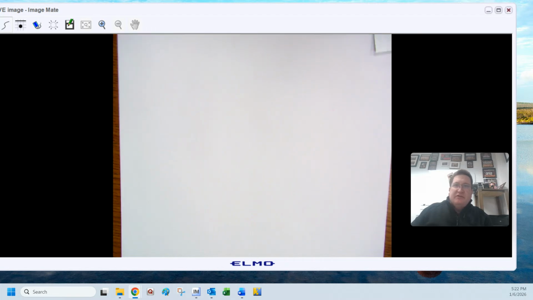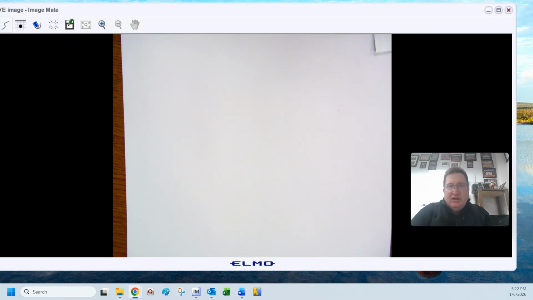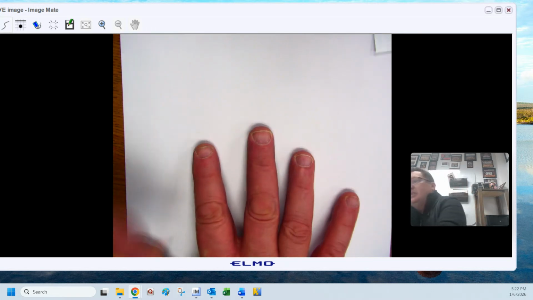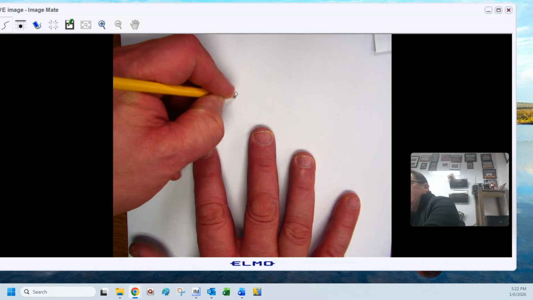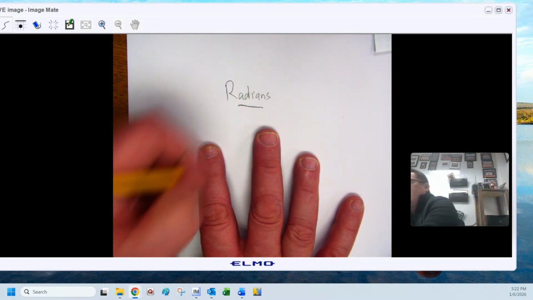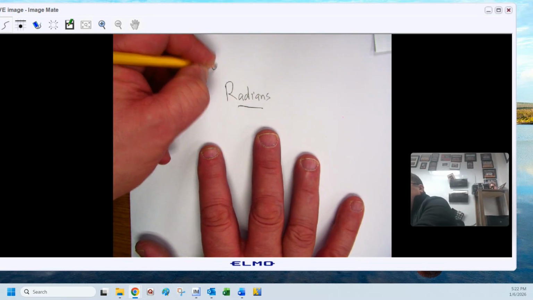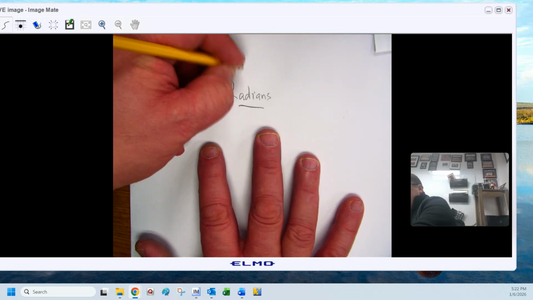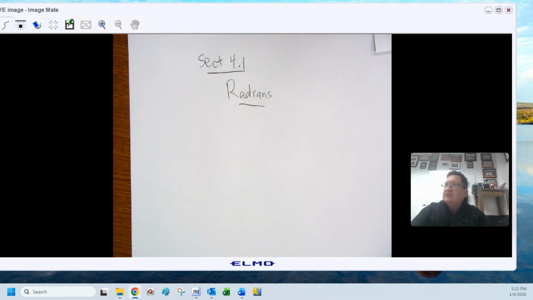Today is the first day of trigonometry, and we are going to study something called radians. It's the first day of section 4.1. A radian is just another way to measure an angle, rather than degrees.